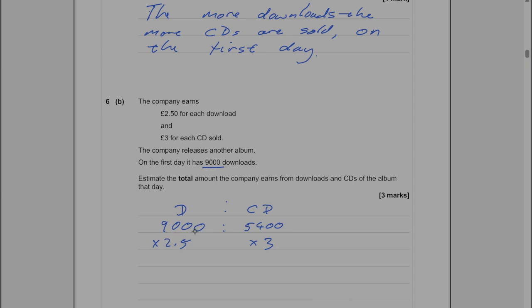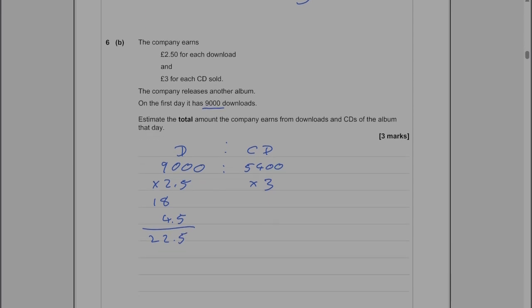If I treat it as 9 times by 2.5, well, 10 times by 2.5 is 25, so 9 times by 2.5, set it out like this, 18 plus 4.5, 22.5. So 2.5 times by 9 would be 22.5.